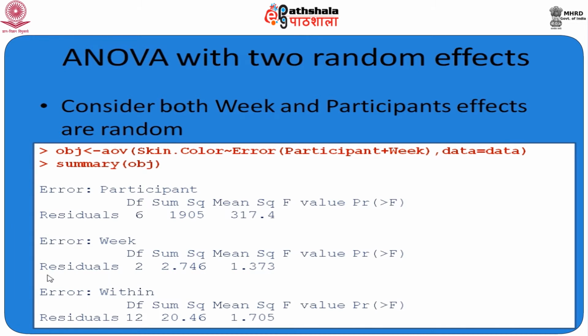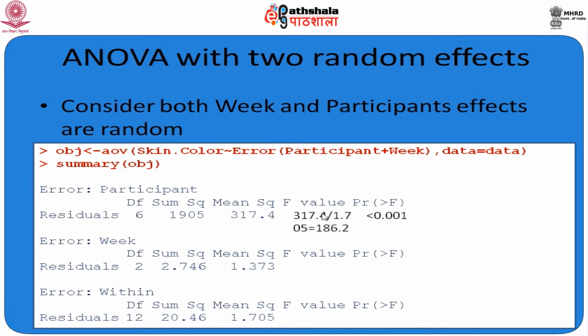And then within, that is the residual error, the random error, the related ANOVA table would be given. You can calculate the F value, but the function won't give you the F value. So, you can calculate the F value very simply, this by the error one. Where is that? This one. So, this value divided by this value, you will get the F value.